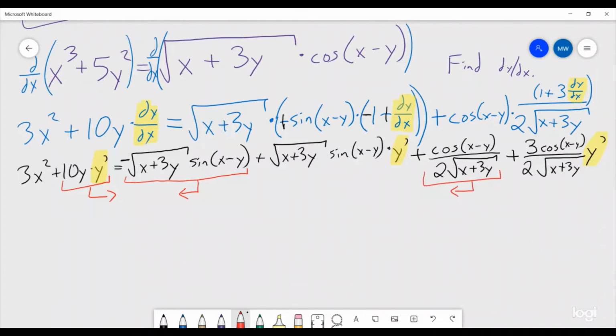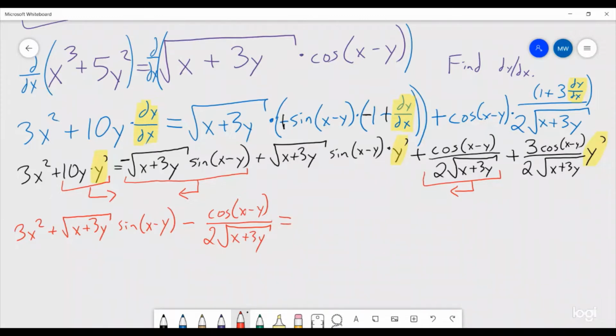So after we do that, we get 3x squared minus the negative, so that's a plus, square root of (x plus 3y) sine of (x minus y). And then we have a minus cosine of (x minus y) divided by 2 square root of (x plus 3y). And that is equal to, we have a y prime times a whole bunch of different pieces.